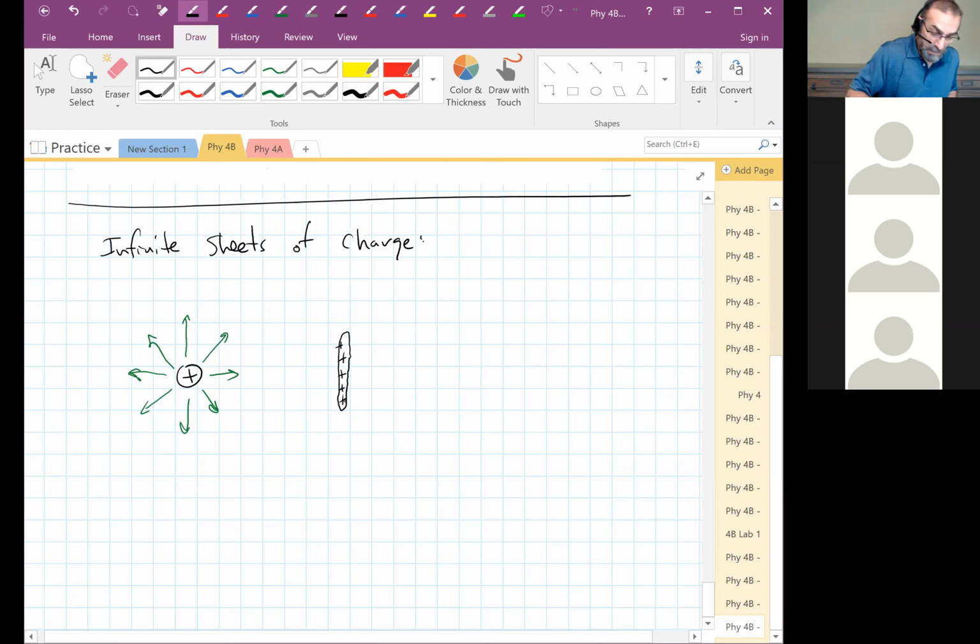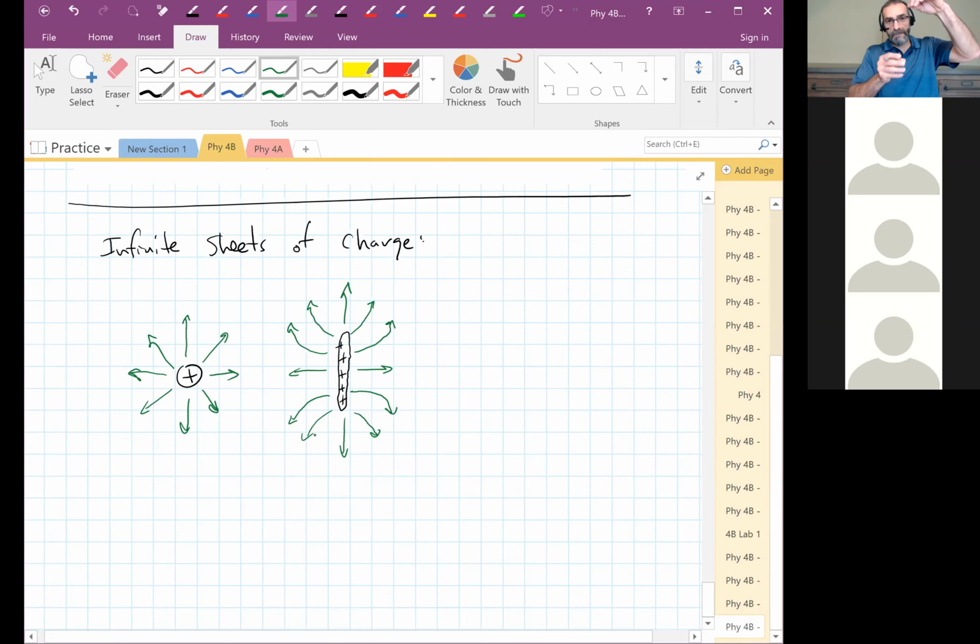And the electric field looks kind of like this. Maybe there's one here, something like that.